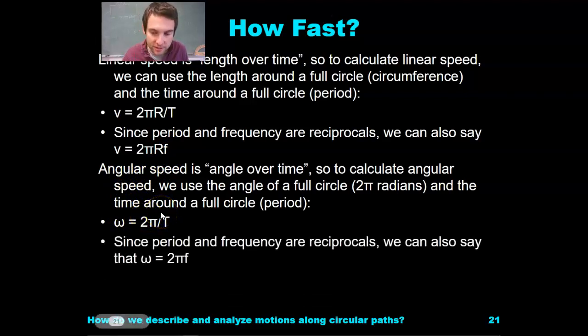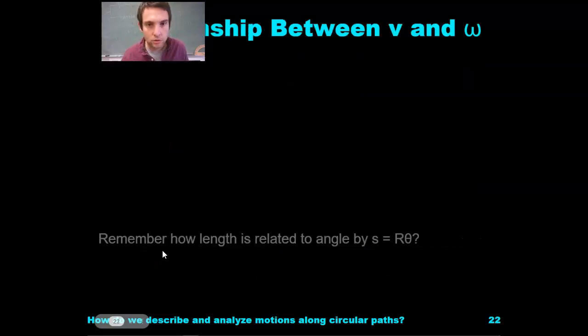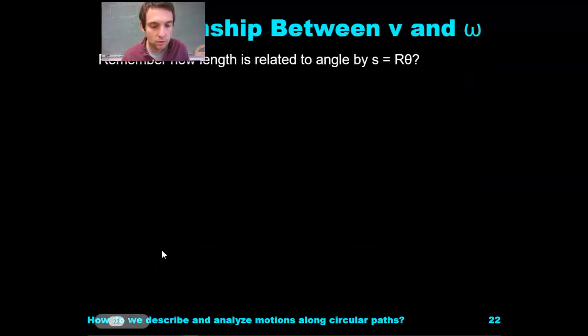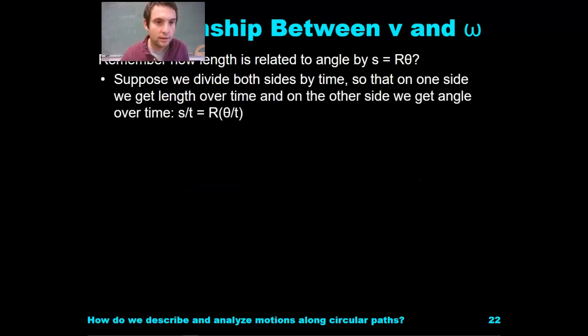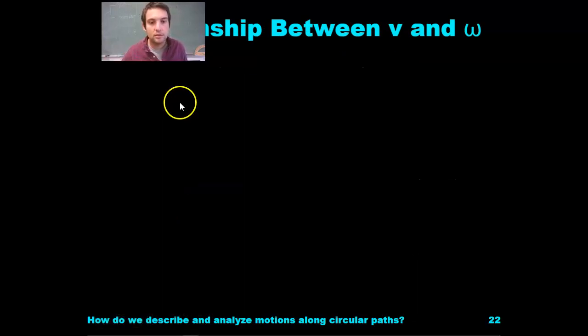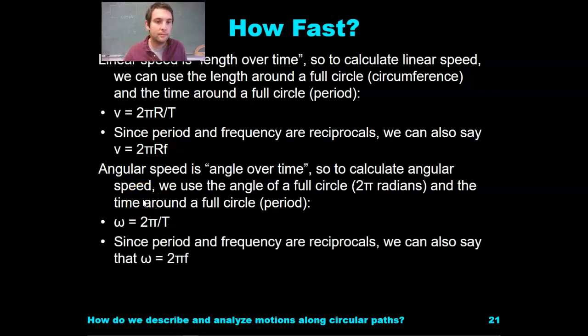Because period and frequency are reciprocals, we can also say that omega equals 2 pi times f. This is on your equation sheet. So know it, but don't spend so much time memorizing it.